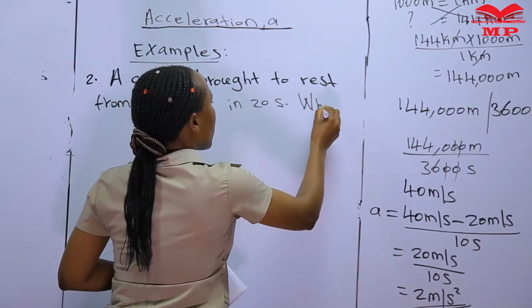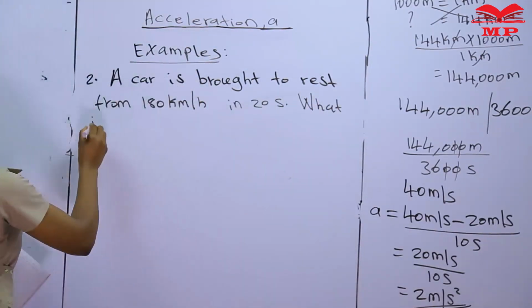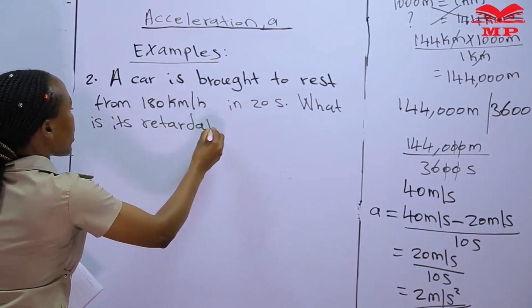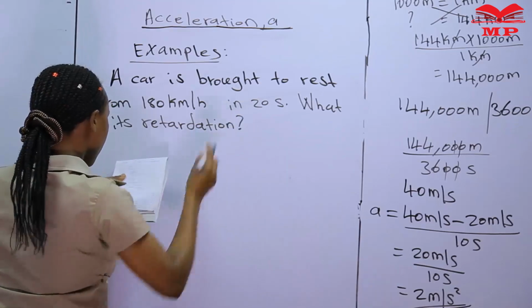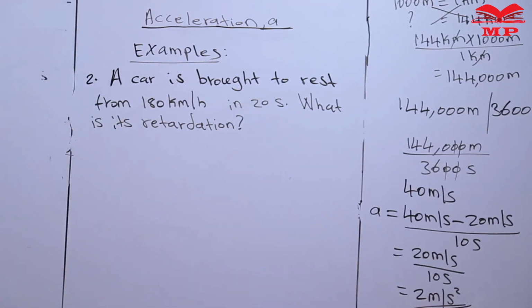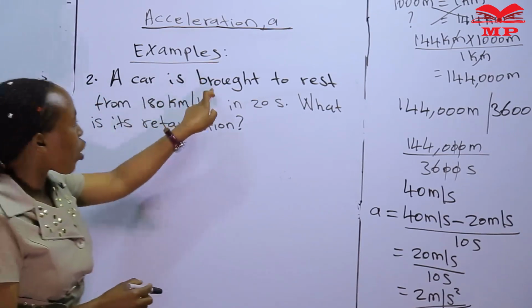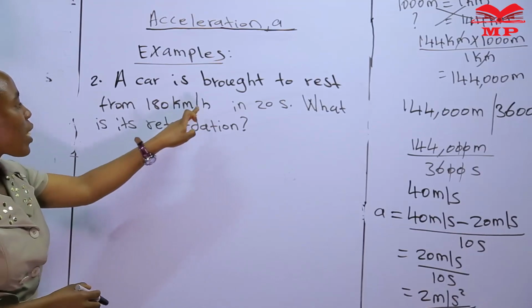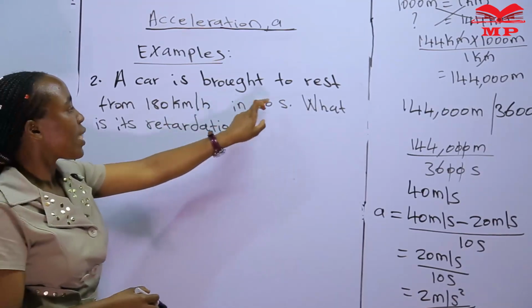And the question is, what is its retardation? So that's what we have. A car is brought to rest from 180 kilometers per hour in 20 seconds.